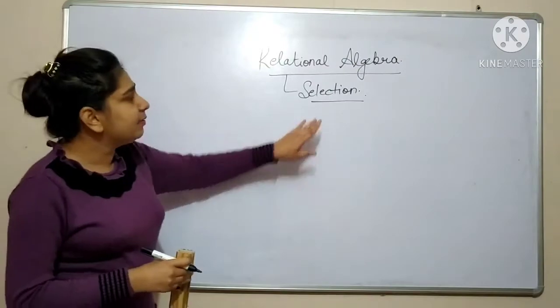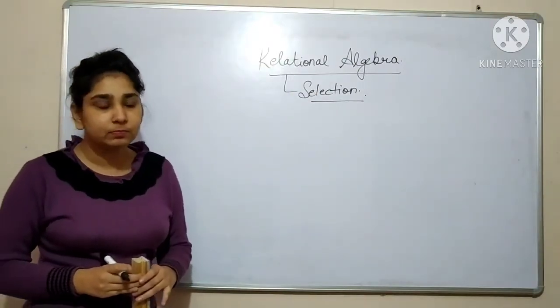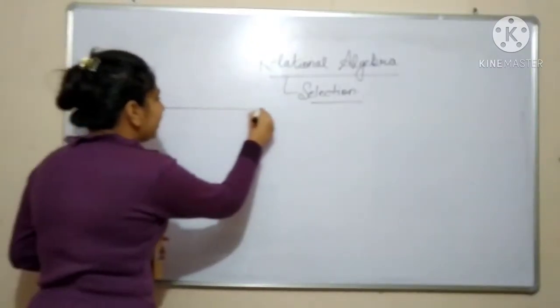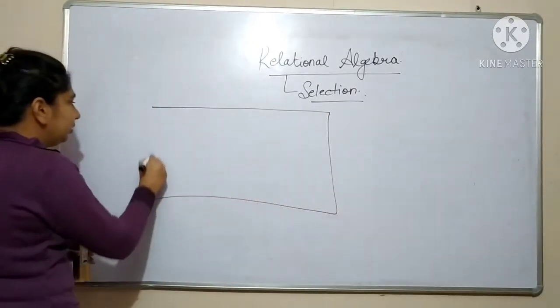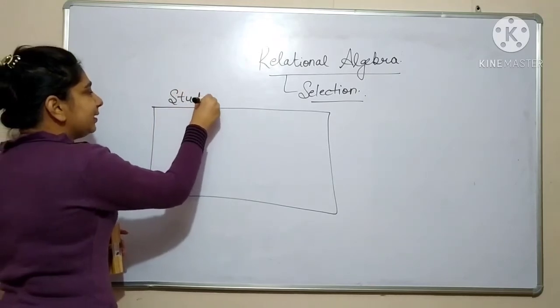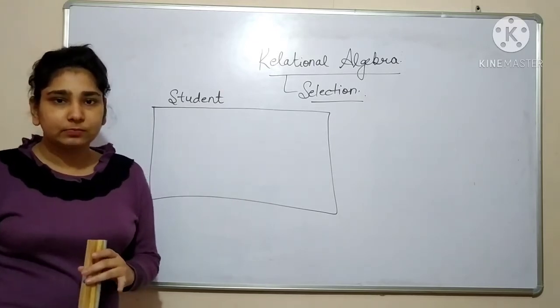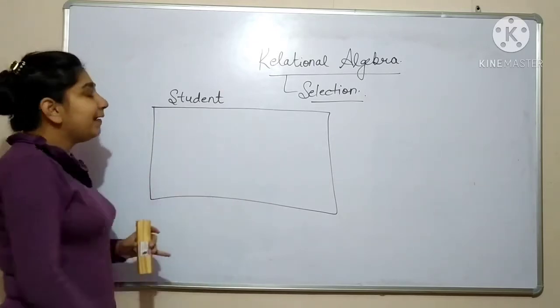So what is the meaning of this selection operation? Let's suppose I have a table. The name of this relation is student.